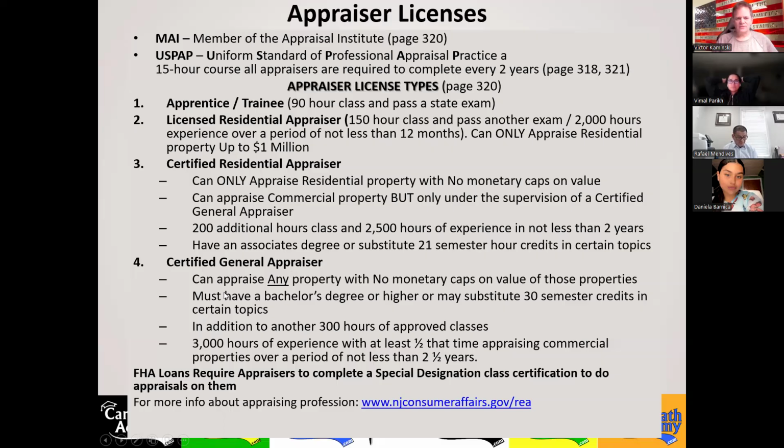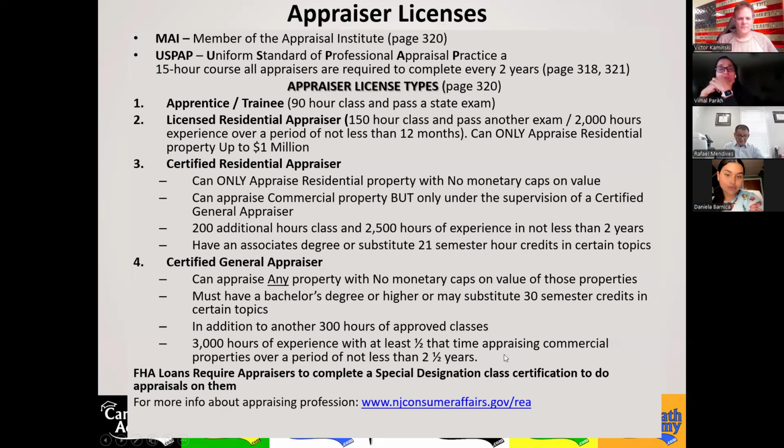A certified general appraiser can appraise any property without any monetary caps, and it doesn't matter what type of property it is. So they have to take another 300 hours of approved classes and have 3,000 hours of experience with at least half of it in appraising commercial properties.